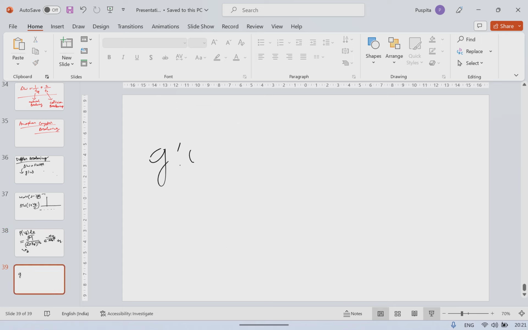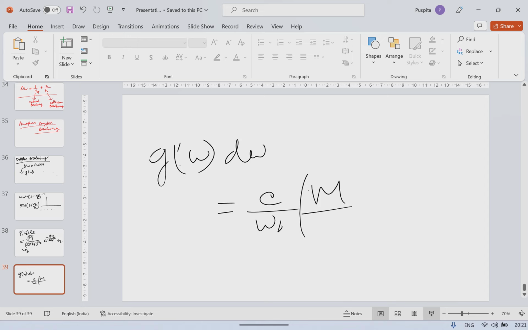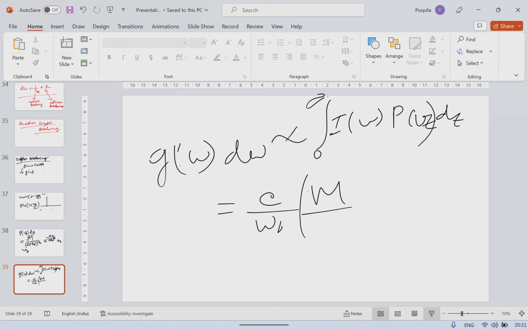So g omega d omega, we have already seen the relation, g omega will be the integral of I omega times P(vz) dvz from 0 to infinity in the z direction.